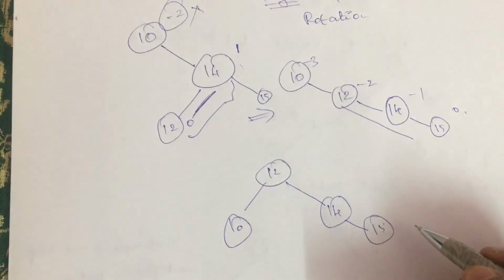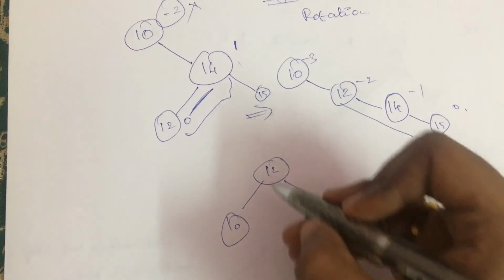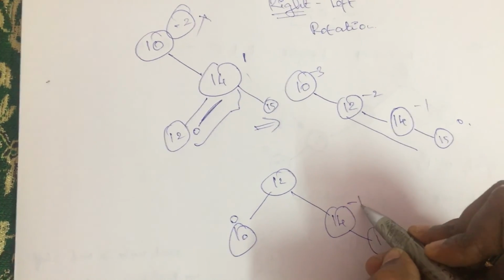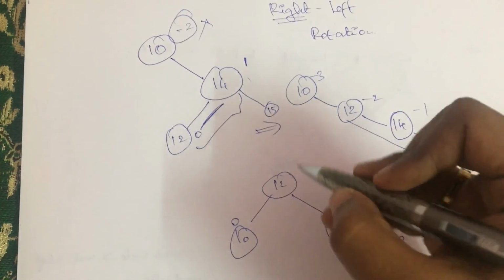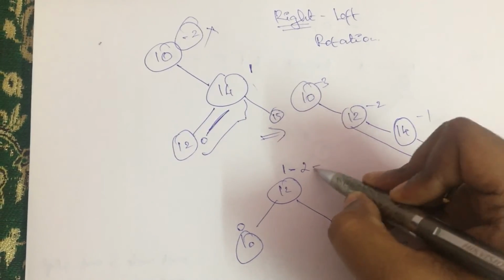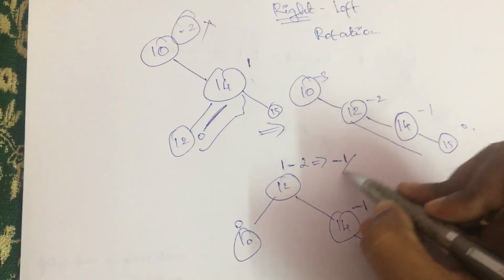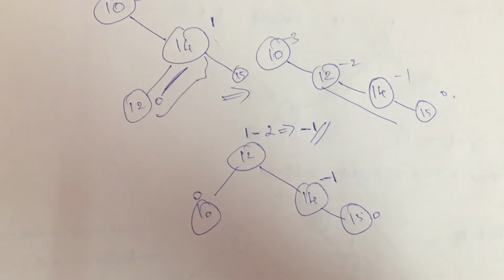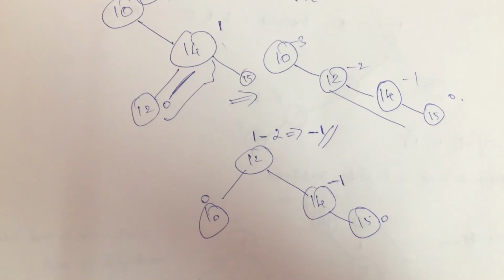Now if I try to find the height for this, this will be 0 and 0. This is going to be -1, and at last over here it is going to be 1 minus 2. So 1 minus 2 gives me -1. -1 is acceptable. It means that this tree is now in a balanced format. This is what we are actually doing.